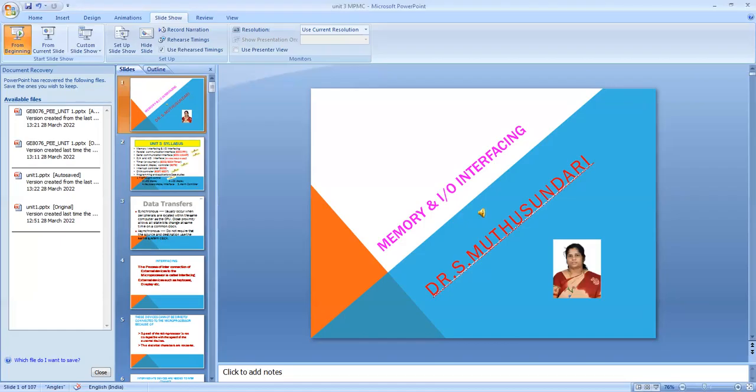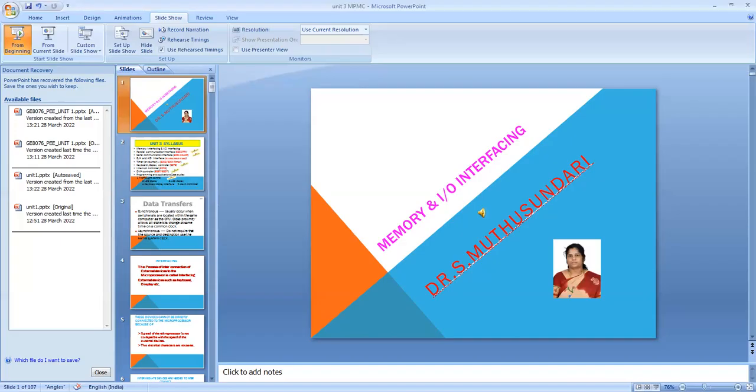Counter 0 has 3 pins: one for the clock, one for the output, and one for the gate. So clock 0, output 0, and gate 0. These 3 pins make up counter 0. Similarly, counter 1 and counter 2. So 3 into 3, totally 9 pins are allotted for that. So it is the overall pin configuration of 24 for the 8253 or 8254.